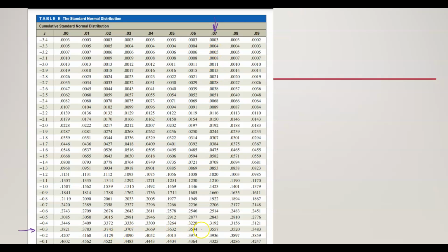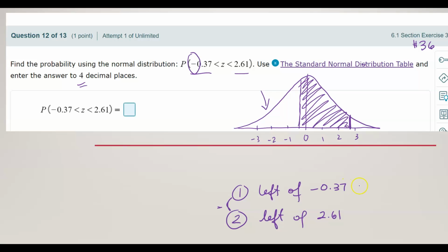It's going to intersect right there. That's my first number, 0.3557. This area over here is 0.3557. Now this is rounded, it's approximated, because you can really go many places after the decimal.